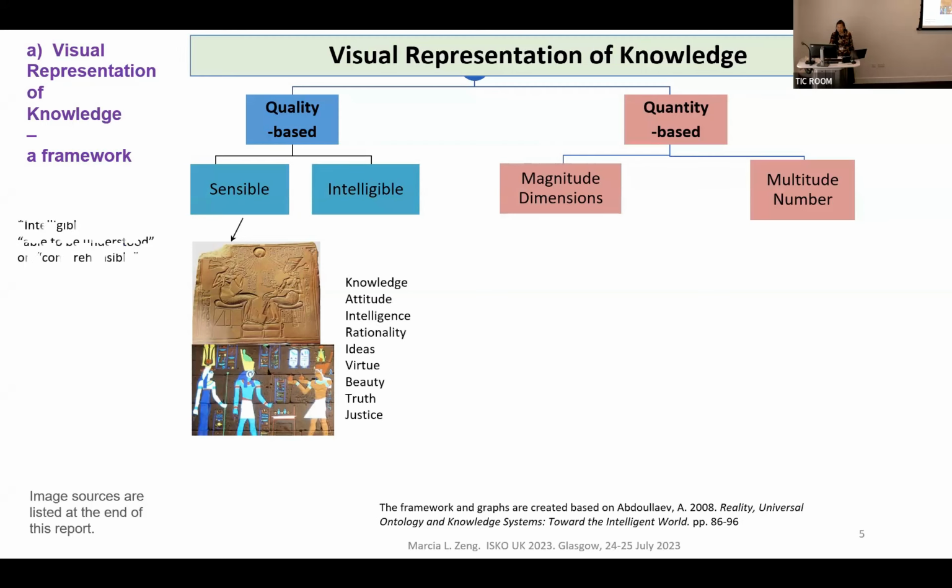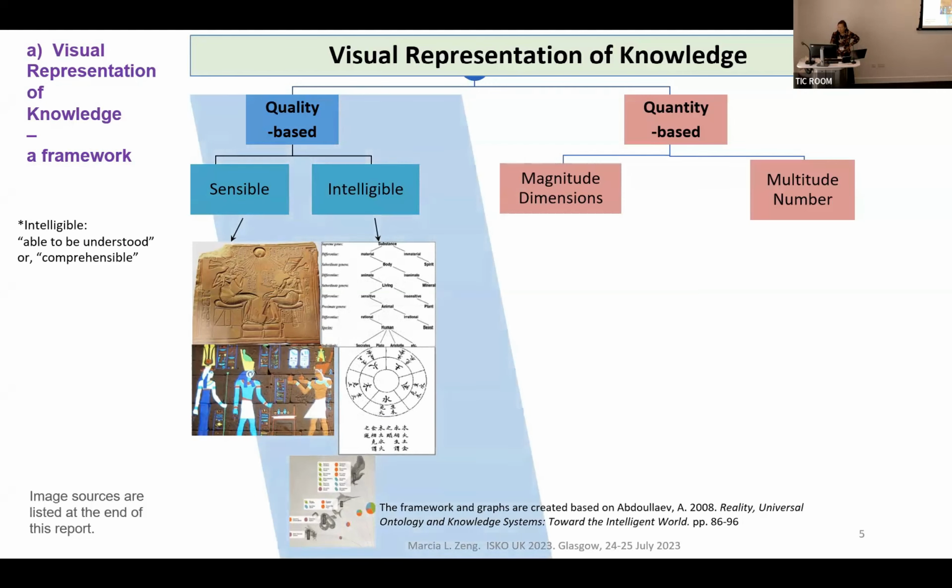Intelligible means being able to be understood or comprehensible. Those include knowledge, attitude, intelligence. So those are the ones like ideas. You are able to understand the principle.